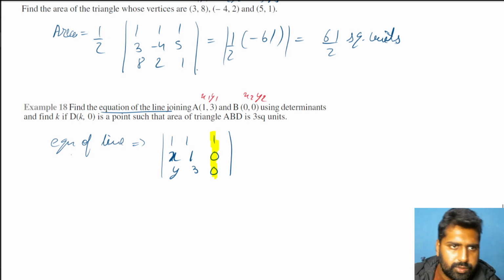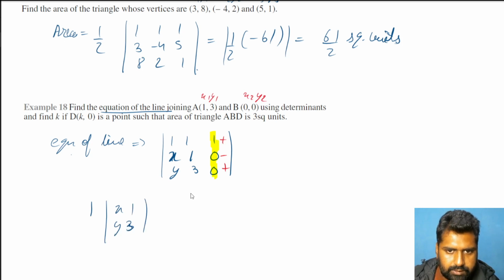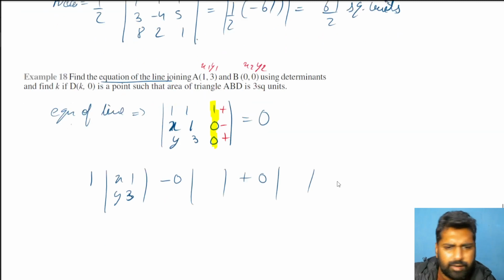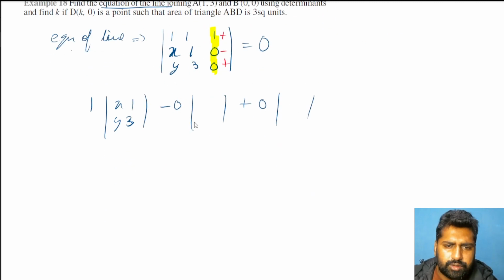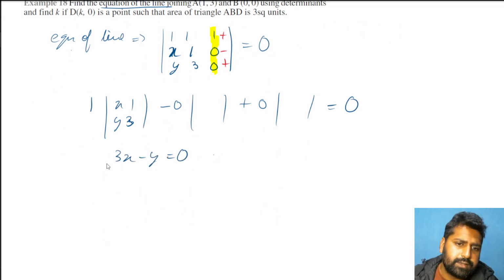All I have to do is use the signs, positive, negative, positive, and then expand 1 into, if I leave the row and the column, x1 y3, equals 0. And the remaining terms, minus 0 plus 0 into anything, effectively 0 into anything is 0, so don't even write that. Let's cross multiply. So you get 3x minus y equal to 0. That's your equation of straight line.